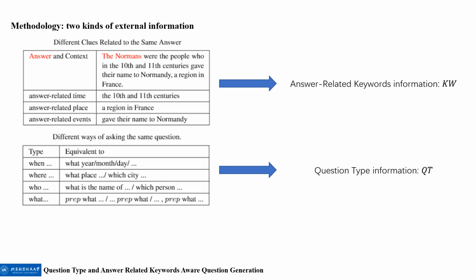To deal with those existing problems, we propose two kinds of external information. One is the answer-related keywords information, and the other is the question type information.